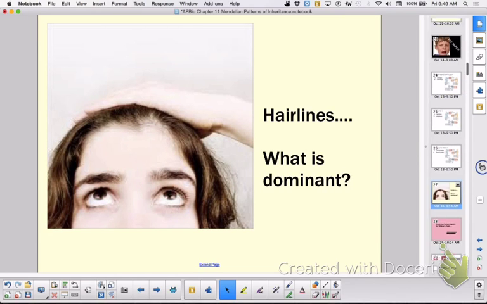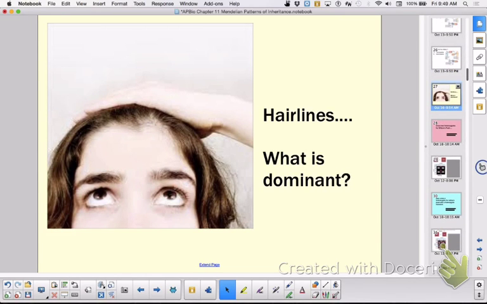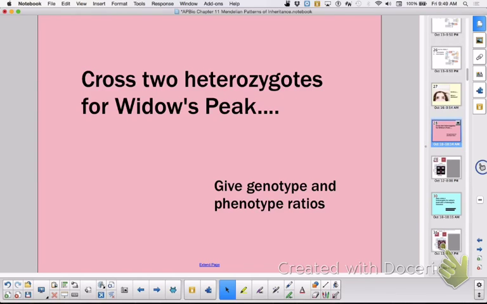So, hairlines, we already talked about it. What's dominant? What I want you to do is cross 2 heterozygotes for widow's peak. Give me the genotypes and the phenotypes. Go. Quickly. Make a Punnett square. Cross 2 heterozygotes for widow's peak. I want you to do it all by yourself. Remember I said keep a little scratch paper out? Or do it on your iPad.